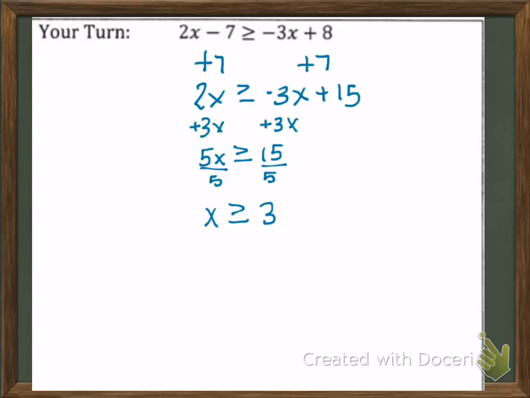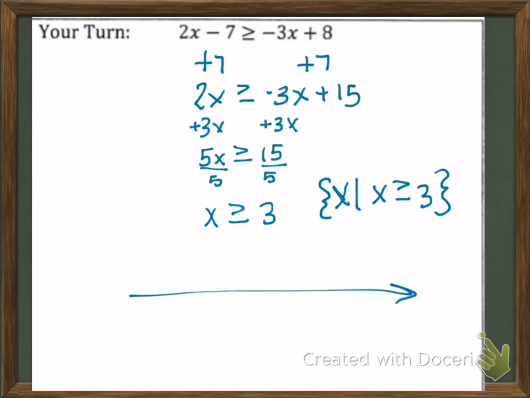You should have gotten x is greater than or equal to 3. There's no multiplying or dividing by a negative, so we keep the relation symbol the same. And then we're going to write our solution set. So we've got x such that x is greater than or equal to 3 in our solution set.